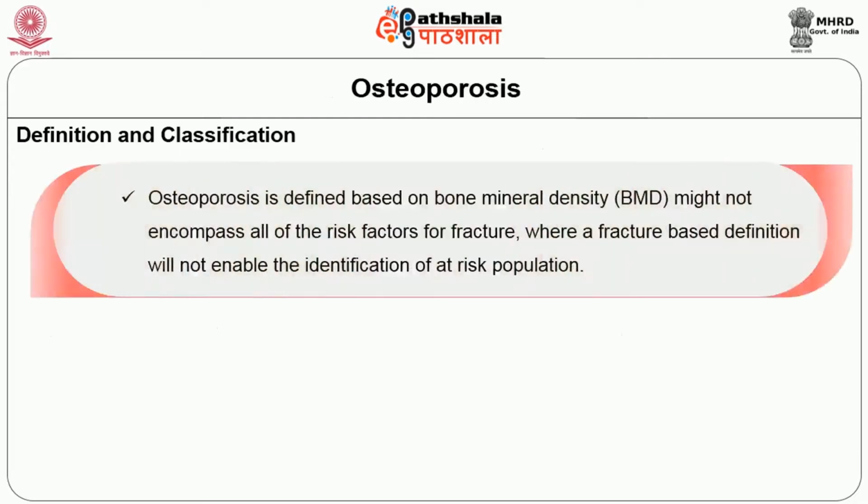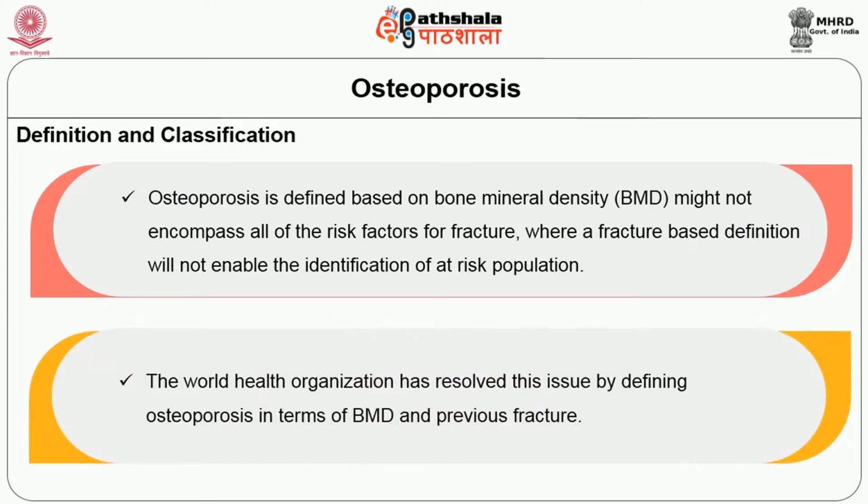Let us enter into the mainstream of this module, osteoporosis. What is osteoporosis? Osteoporosis is defined based on bone mineral density, abbreviated as BMD, and this might not encompass all the risk factors for fractures, whereas a fracture-based definition will not enable the identification of a population at risk.